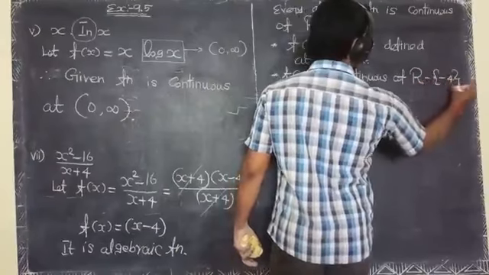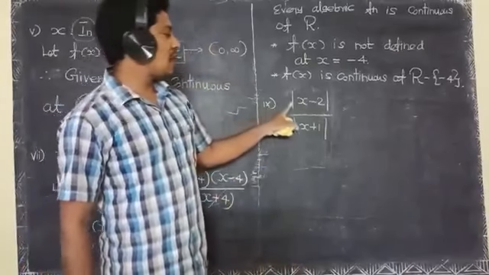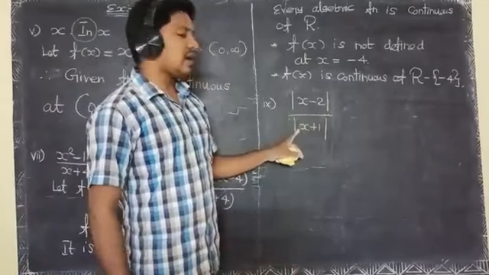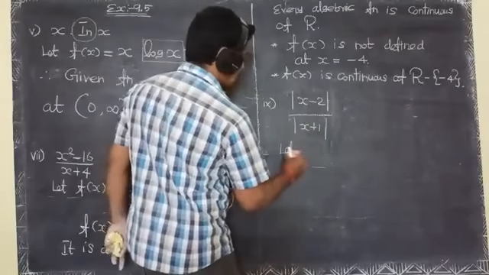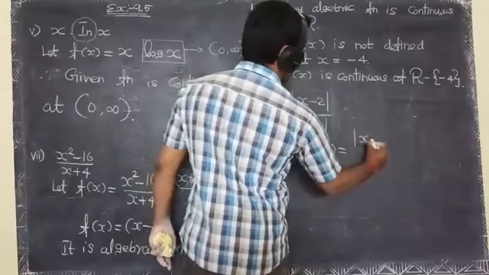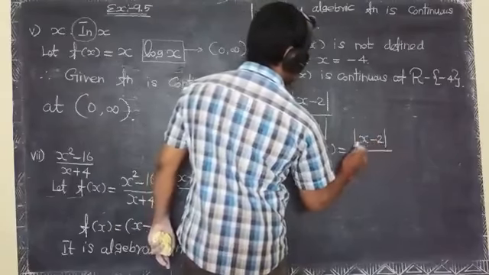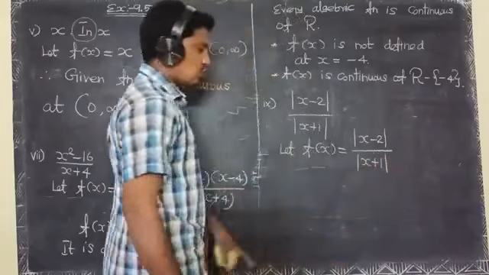Ninth subdivision, absolute value of x minus 2 divided by absolute value of x plus 1. Let f of x equal absolute value of x minus 2 divided by absolute value of x plus 1.